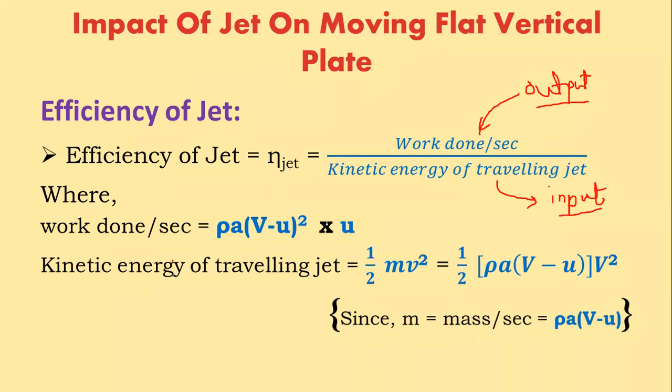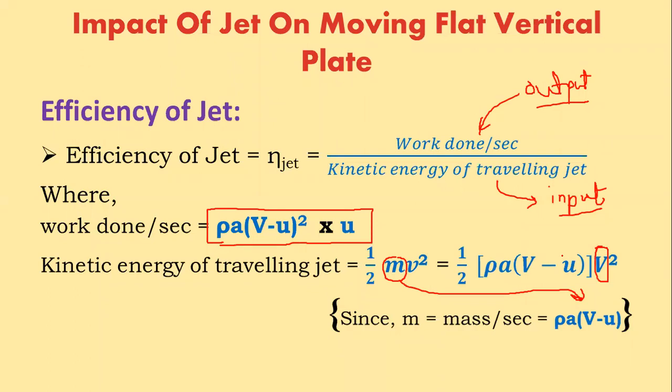Okay, where work done we have already found out in the last slide. It is rho a into bracket v minus u whole bracket square into u, and kinetic energy of the traveling jet will be equal to half m v square, where m is nothing but mass per second, and mass per second of the moving flat vertical plate is rho a into bracket v minus u, and V is nothing but the velocity of the jet.